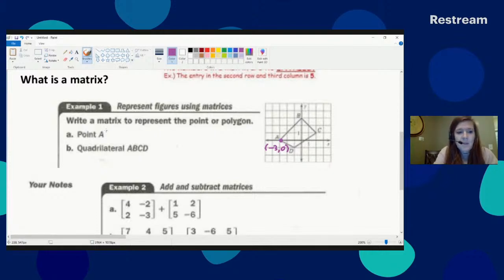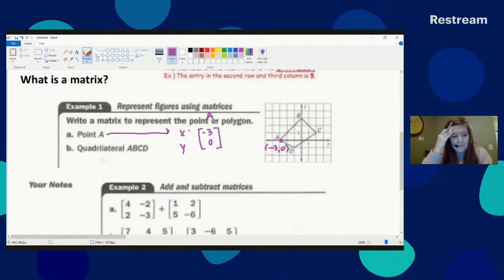If I wanted to represent point A as a matrix, what we usually do is treat the top row as our X and the bottom row as our Y. So I would say point A is at -3, 0. That kind of makes sense. This is one piece of data, and you can think about that as point A.